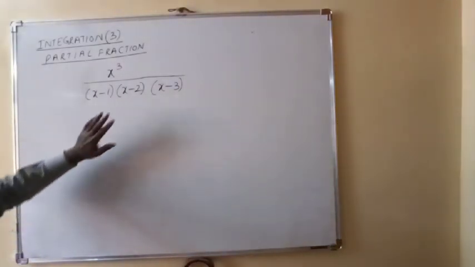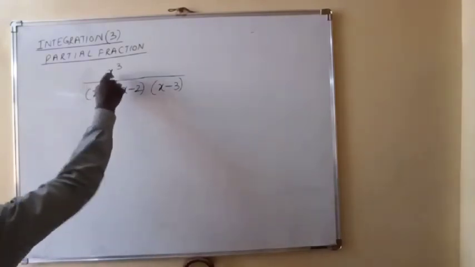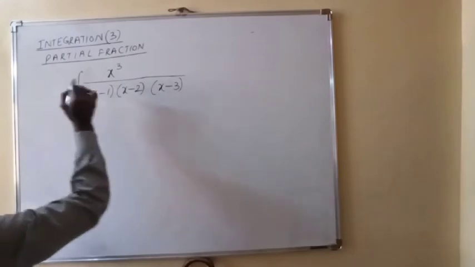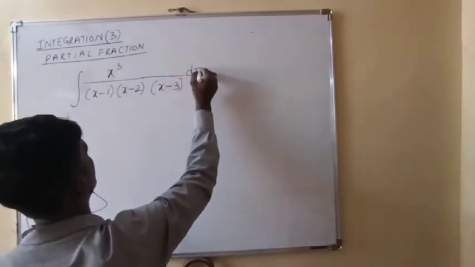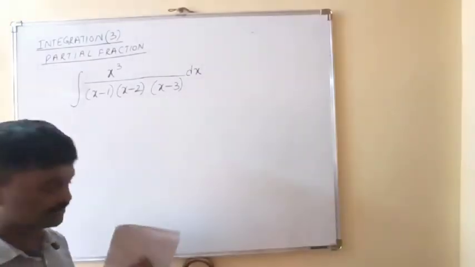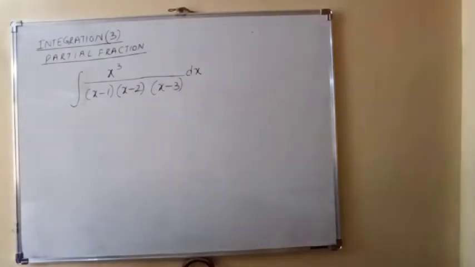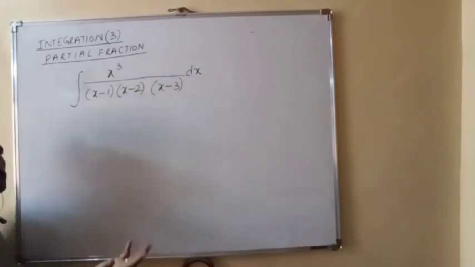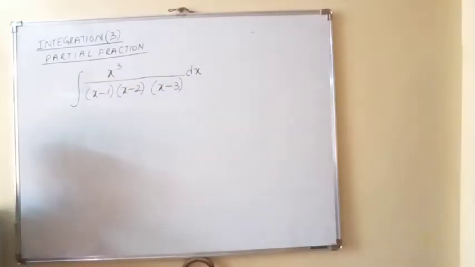So how to find the integral of x cubed by (x minus 1)(x minus 2)(x minus 3) dx? Here the degree of the numerator is 3, and the degree of the denominator, x into x into x, is again 3. So the degrees are the same.